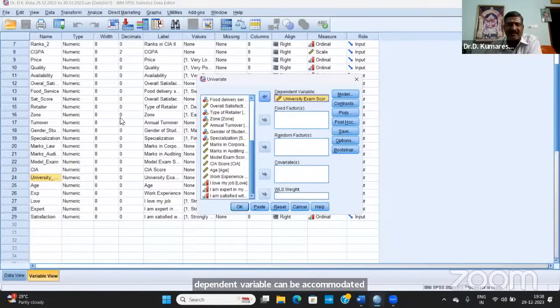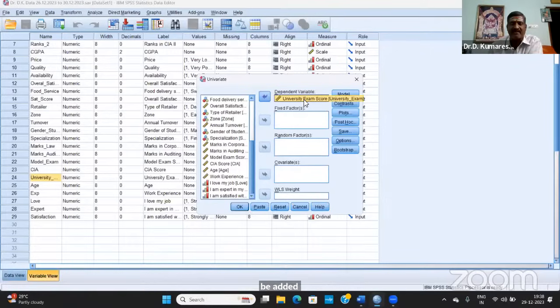Look at the fixed factors. It is meant for independent variables. So the box size implies that any number of independent variables can be included. Look at the covariate box. Any number of covariates can be added.